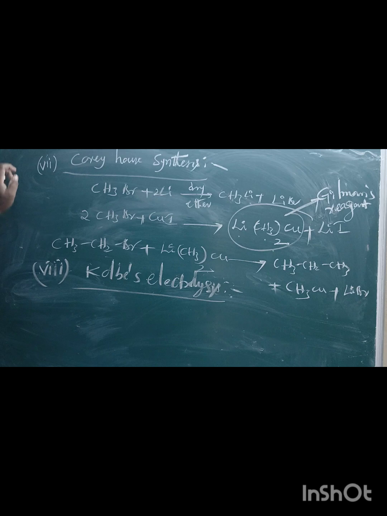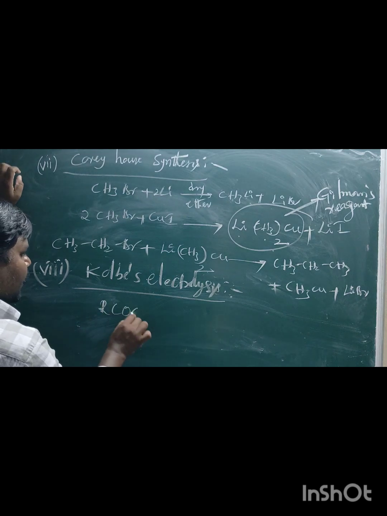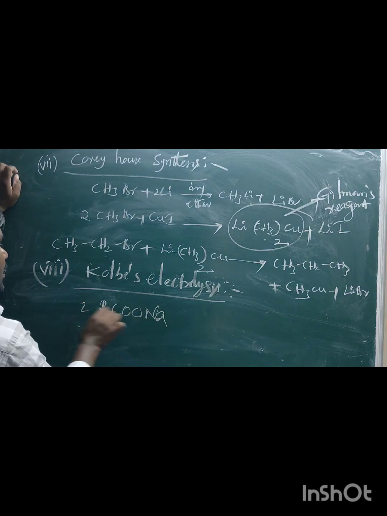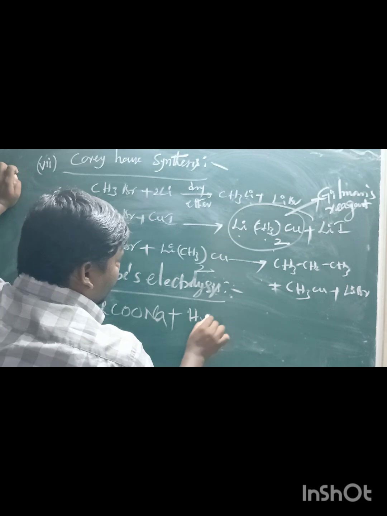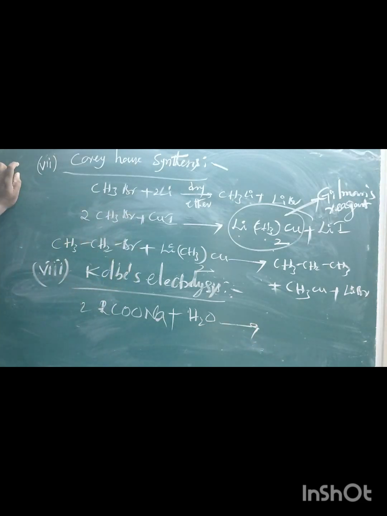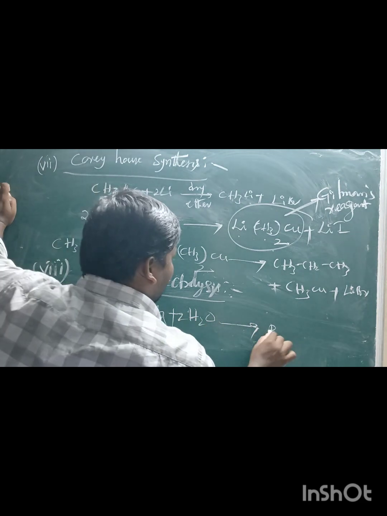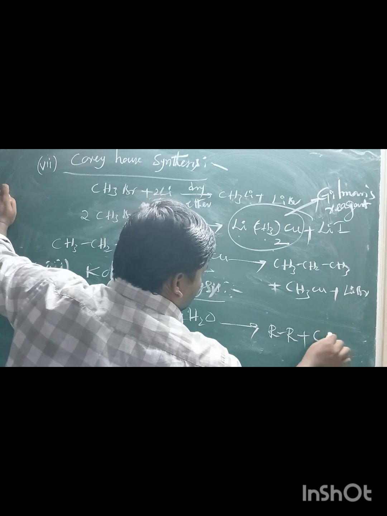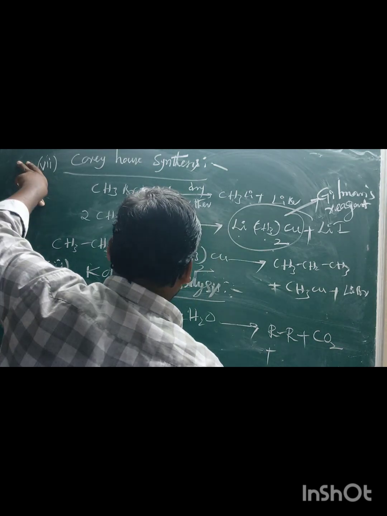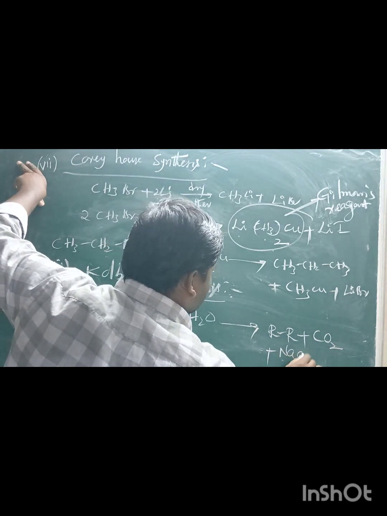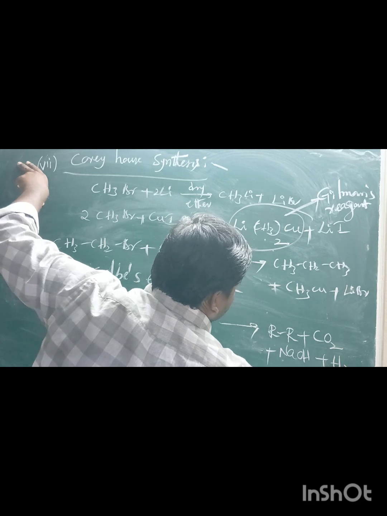That is simply RCOONa, sodium or potassium salts of higher fatty acids, by passing current to form alkane, carbon dioxide, sodium hydroxide and hydrogen gas liberated.